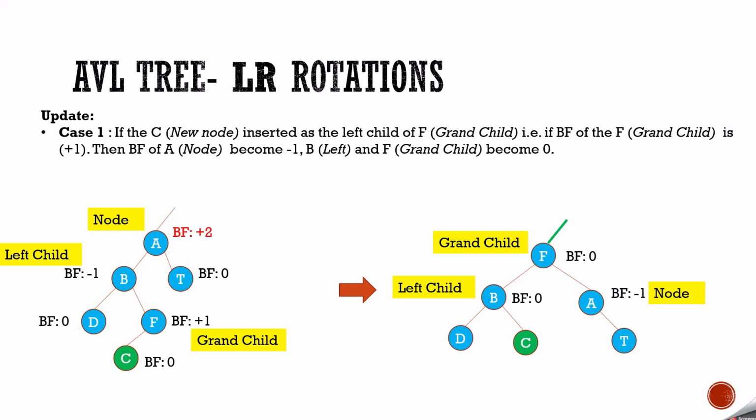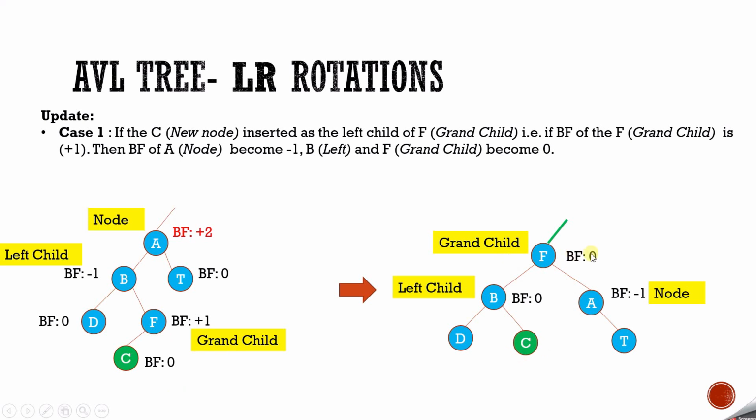Case 1 is, if the new node, that is C, is inserted as a left child of my grandchild. As I have already mentioned, F here I am considering as a grandchild. So if the new node is inserted as a left child of the grandchild, then what will happen?